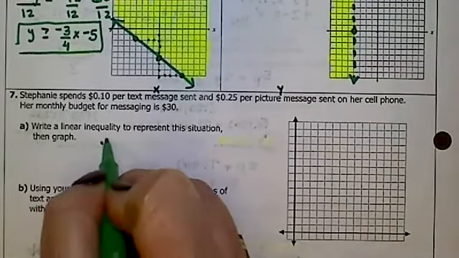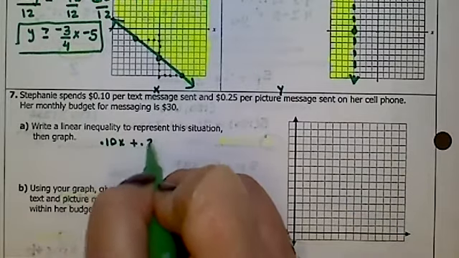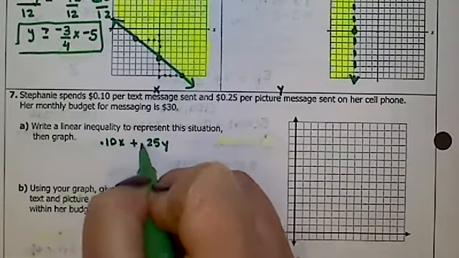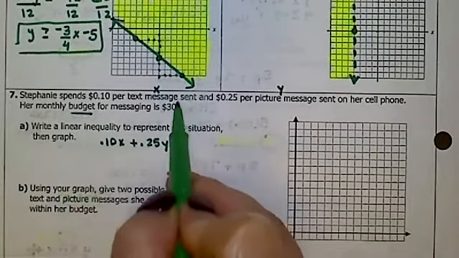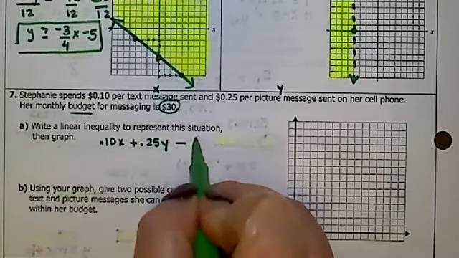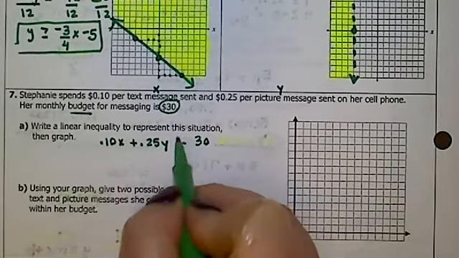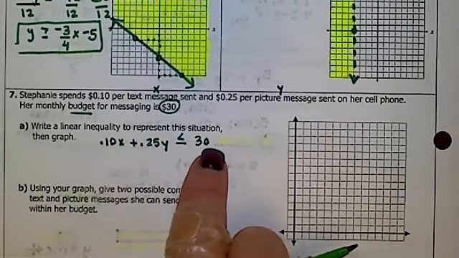So we've got 10 cents for text message plus 25 cents for pictures. Her monthly budget is $30. Well, that means that she can equal $30, and it'd be nice if she even went below that. So that's the most she can spend would be $30.